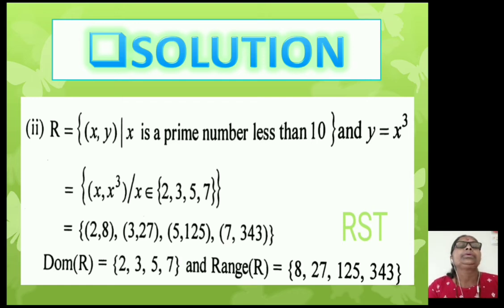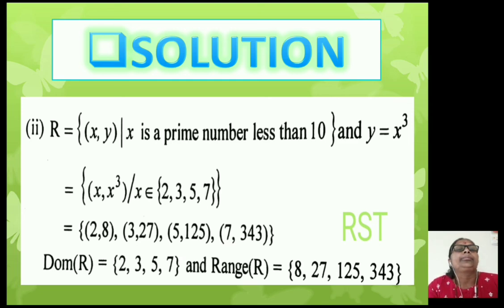That is, R is the set of ordered pairs (x, x cube), since y equals x cube, such that x belongs to the set {2, 3, 5, 7}, since x is prime and less than 10, so we get x belongs to the elements 2, 3, 5, 7.